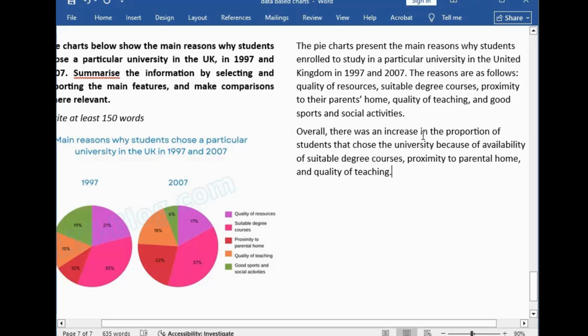Now, there was an increase. Yes, this is language of trend. And then for the next one, I will not talk about the ones that reduced, so color green and color purple.